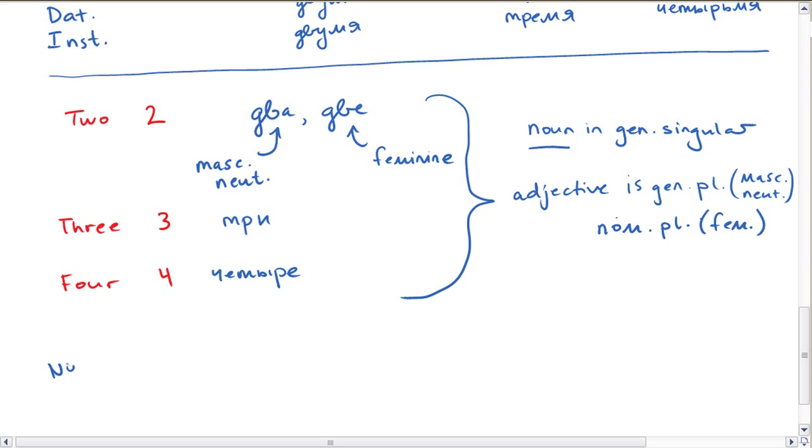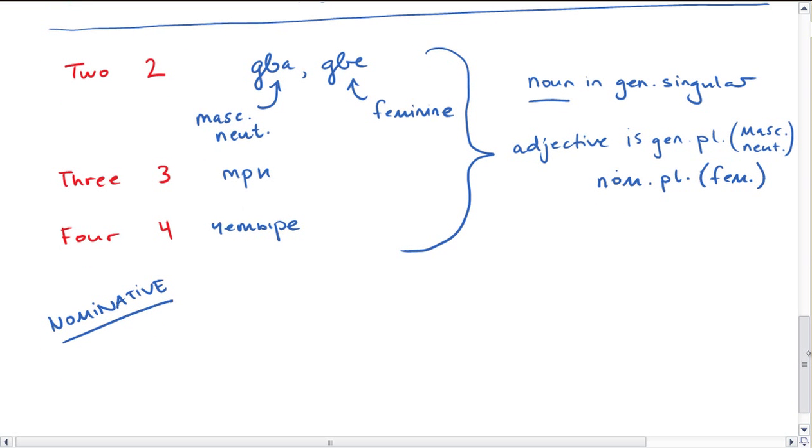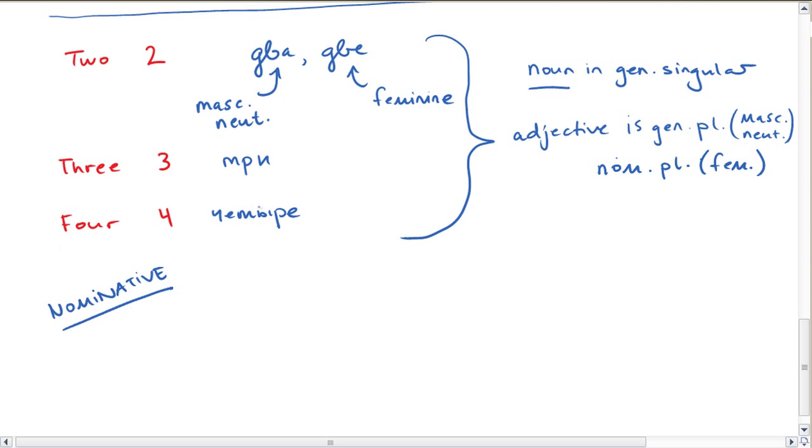So we're talking about the nominative case, and let's write out some examples. So we've got a masculine noun over here, dom, right? So a big multi-story house. And then we have a feminine noun over here, dacha.